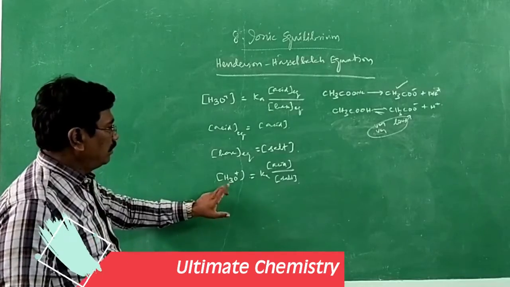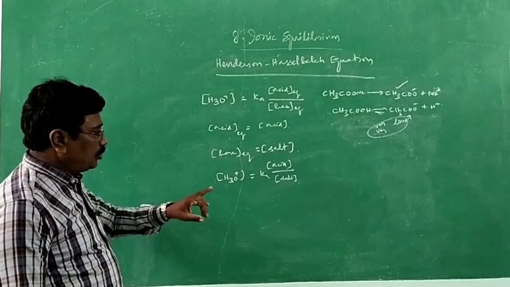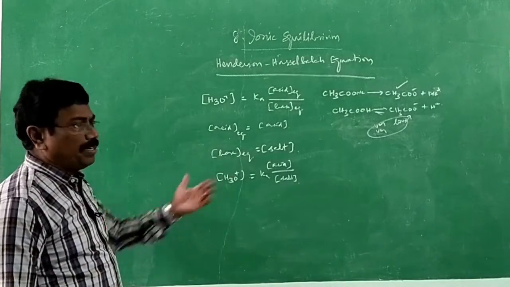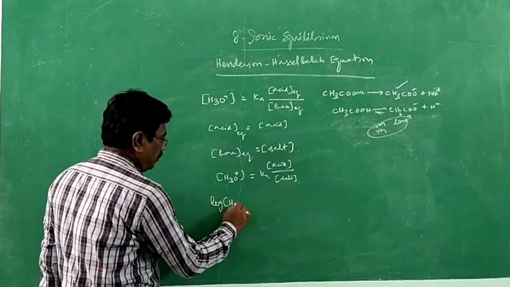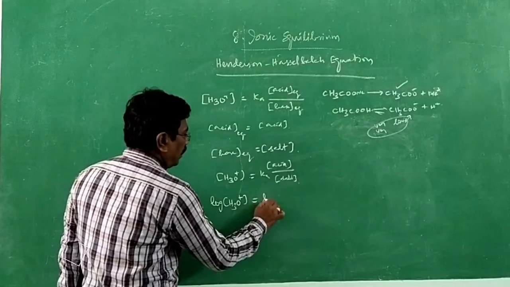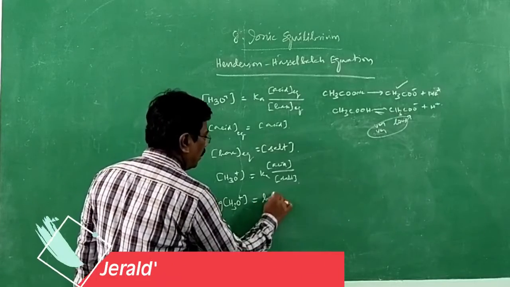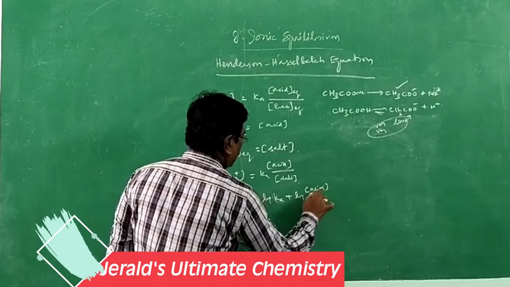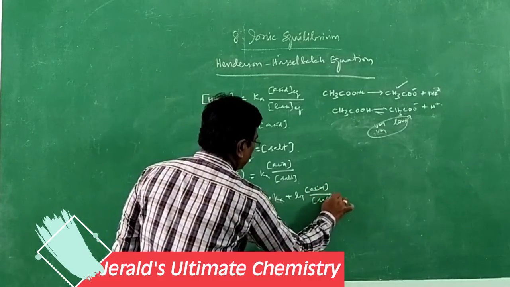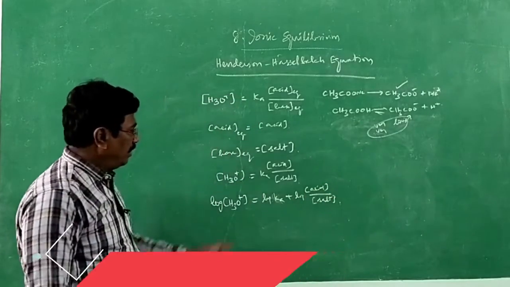We want to get pH. pH means negative log to the base 10. Let me take logarithm on both sides. Log of hydronium ions is equal to log Ka plus log of molar concentration of acid by concentration of salt. Why?